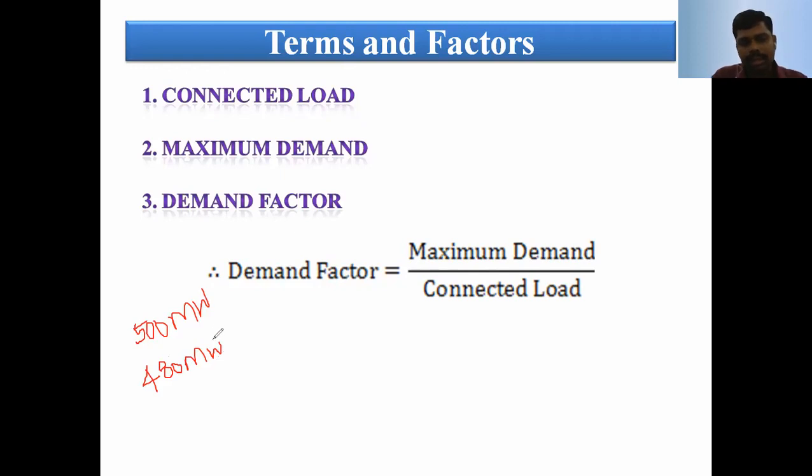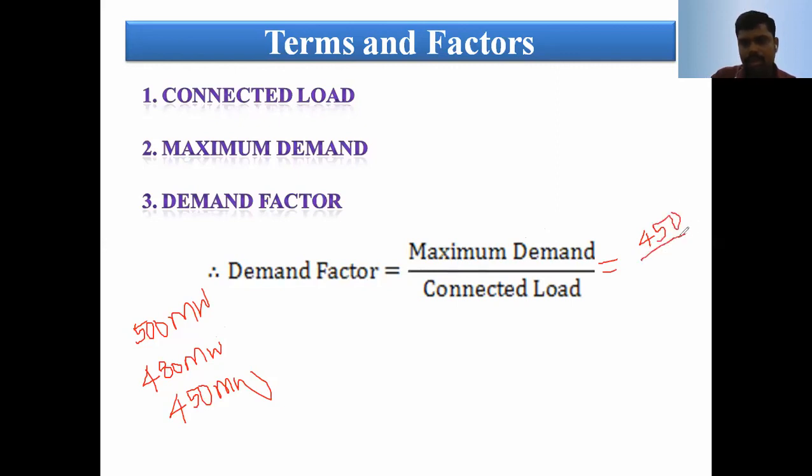Here two generators are connected in parallel, or four generators are connected in parallel. In the particular power plant, what is the maximum demand? Already we discussed that the maximum demand is 450 megawatt. That is the peak load. The demand factor is defined as the ratio of maximum demand on the power station to the connected load. Here the maximum demand in the particular power station is 450 megawatt.